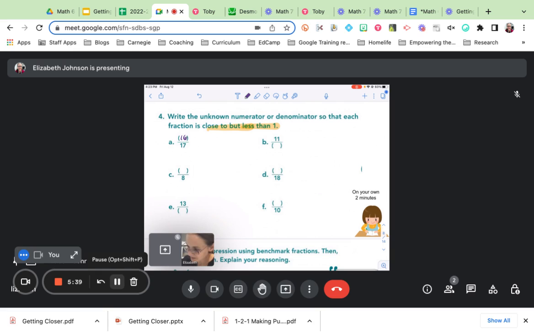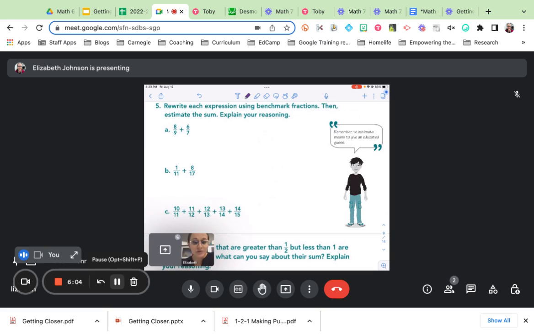Check it out. 16 out of 17, 7 out of 8, 13 out of 14, 9 out of 10, 17 out of 18, and 11 out of 12. In each case, the numerator is 1 less than the denominator. That means that each of these fractions is almost 1. Not quite, but very, very close.